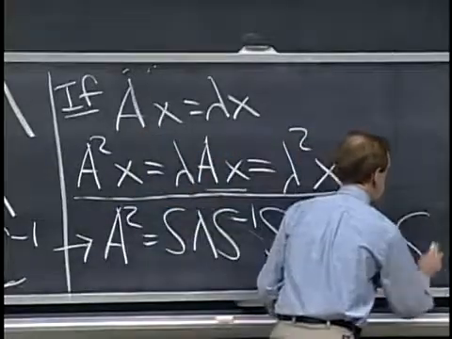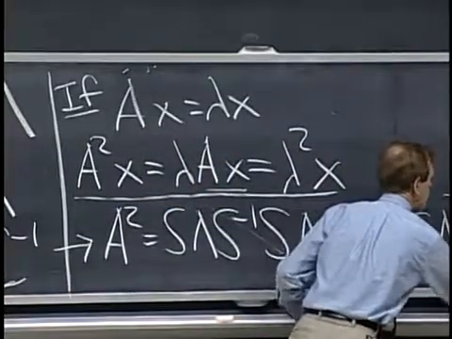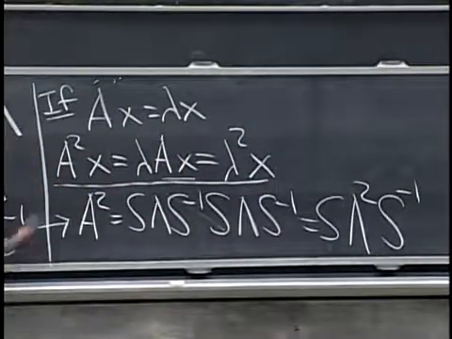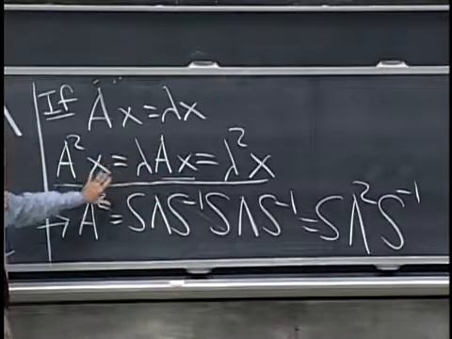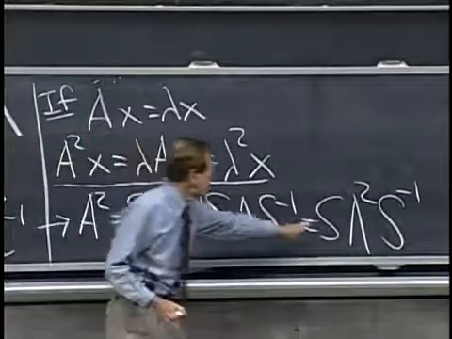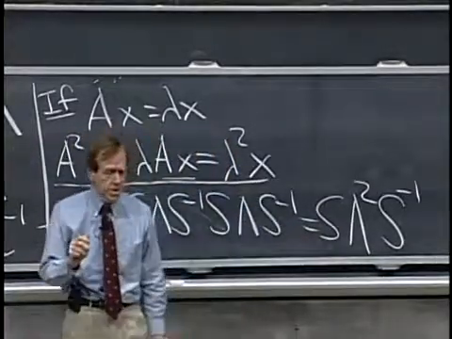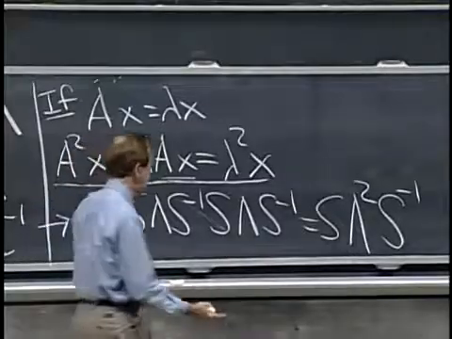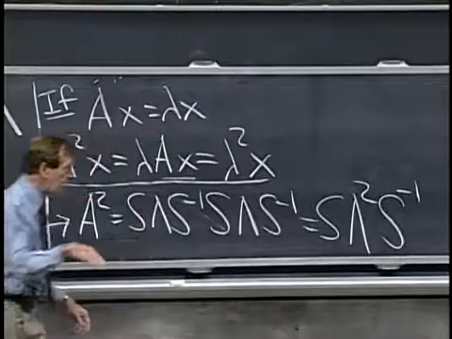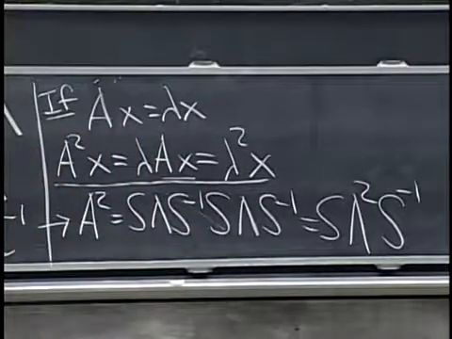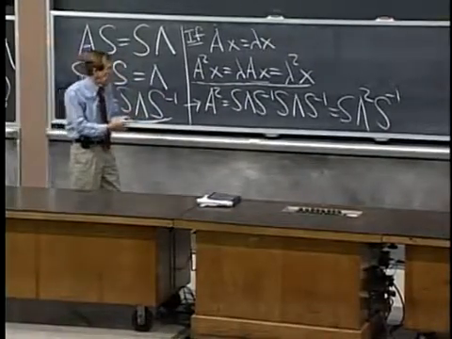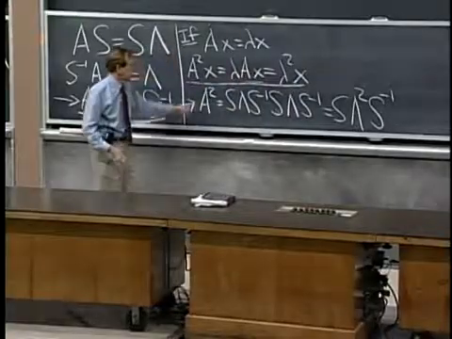So I've got S lambda squared S inverse. You see what that's telling me? It's telling me the same thing that I just learned here, but in matrix form. The S is the same, the eigenvectors are the same, but the eigenvalues are squared. Because lambda squared is still diagonal. It's got lambda 1 squared, lambda 2 squared, down to lambda n squared on that diagonal. Those are the eigenvalues, as we just learned, of A squared.